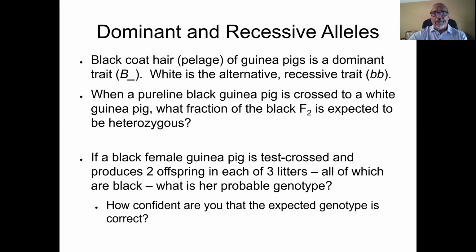Now, I want you to stop for a minute, just pause the video, and do a quick Punnett square and answer the question. What fraction of the black F2 is expected to be heterozygous?